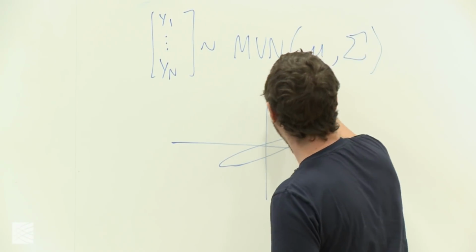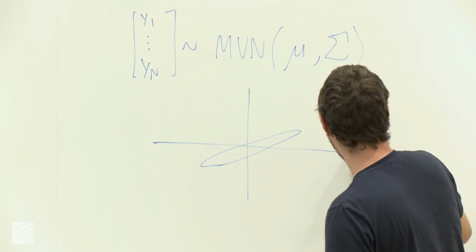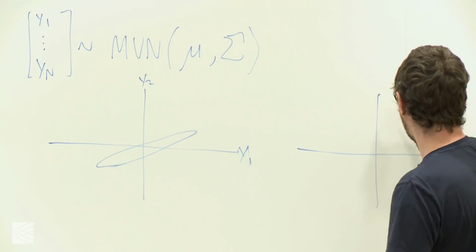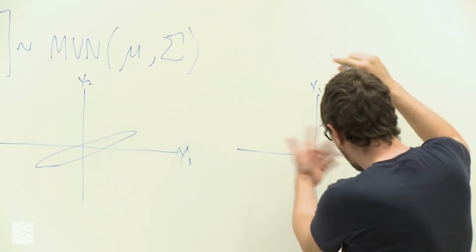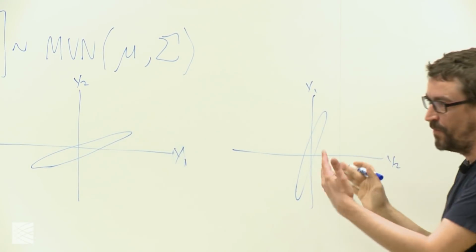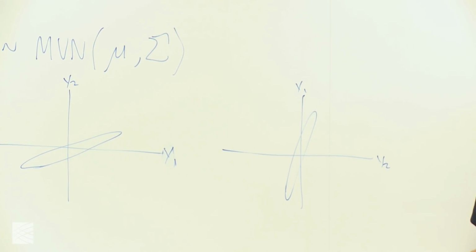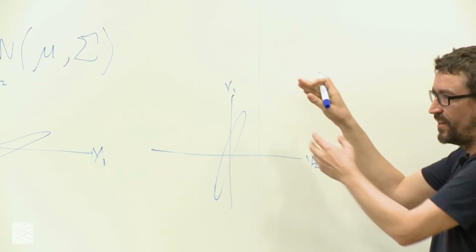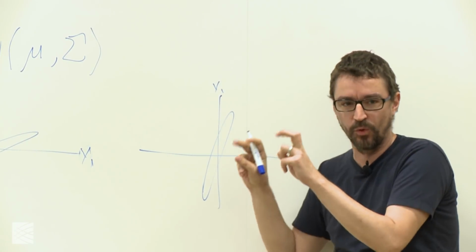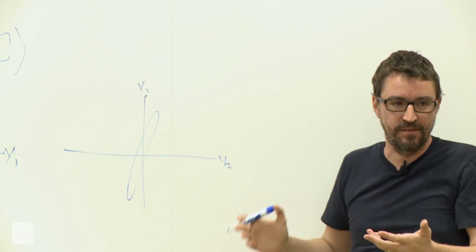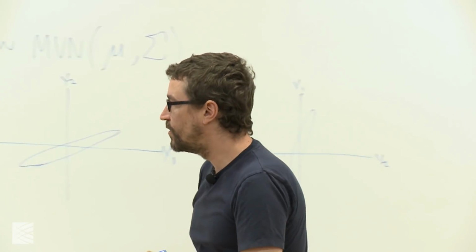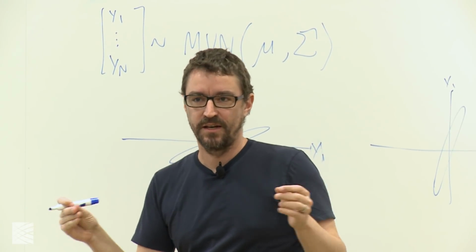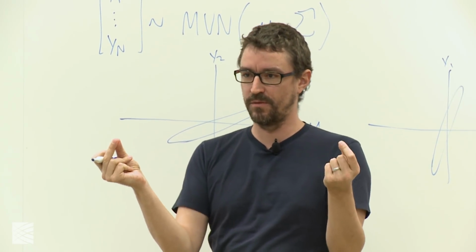Let's call these y1 and y2. We could also parameterize this as y2 and y1. We could switch them, and we'd end up with something like this. There's nothing essentially different; we've just relabeled things. The fact that we've identified one dimension with the label 1 and one dimension with the label 2 is not really essential. When you go into an infinite dimensional index set, now you've really got spatial structure between the points.